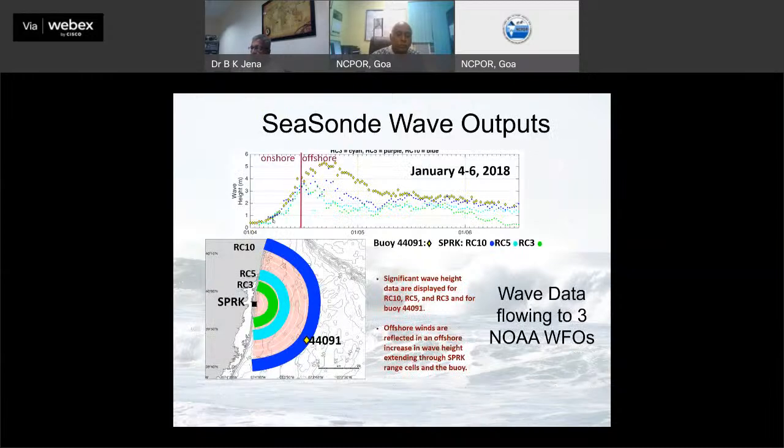Here I have given an example. You see here how each grid is calculated in a circular manner, and the center point is taken as our output of the waves. Here the onshore and offshore wave heights are plotted, and it is also compared with the wave radar buoy, which is matching very well.